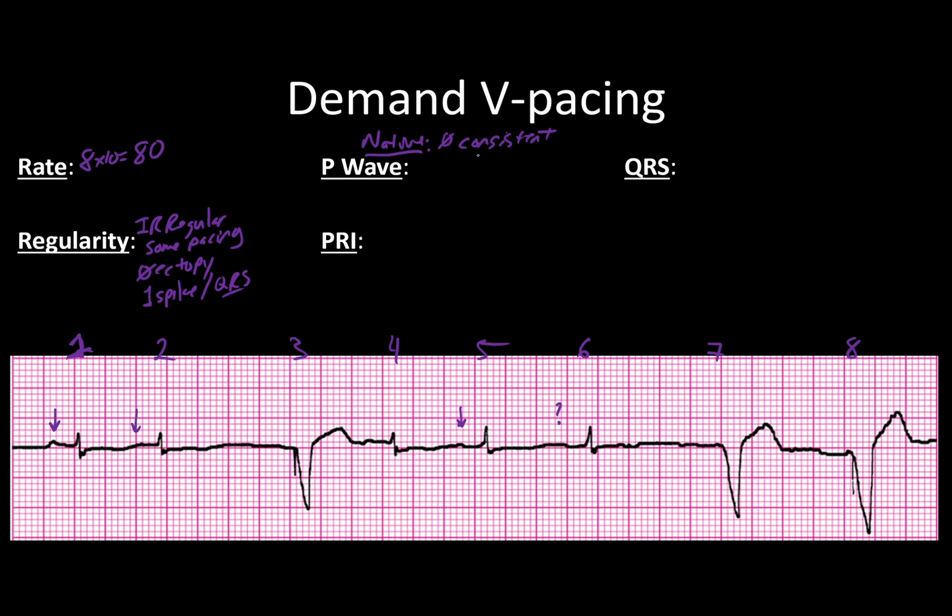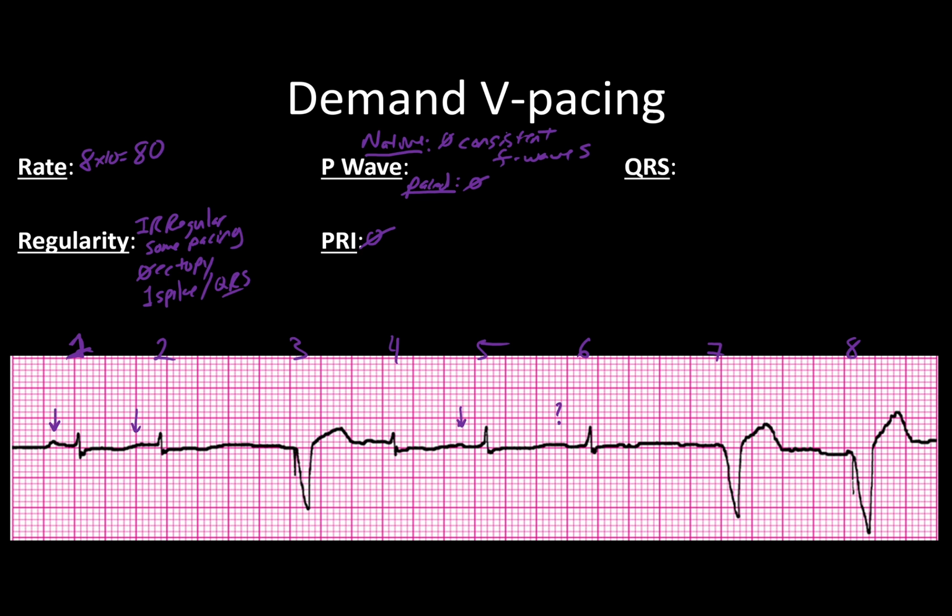Odds are it's probably F waves that we're looking at. Just some fibrillation that's managing to come out as looking occasionally like a bit of a P wave. We don't have any paced ones either. And so that leaves us with no PRI.